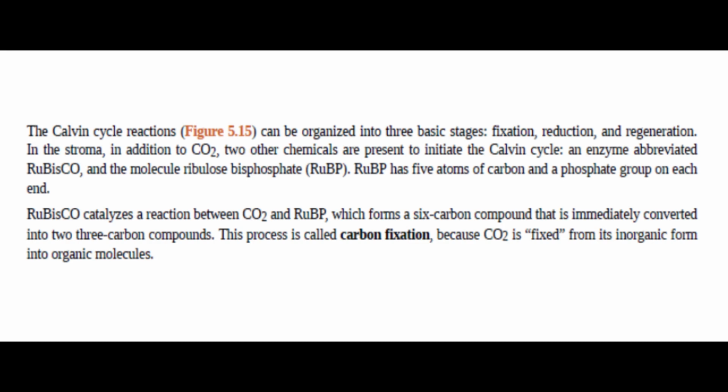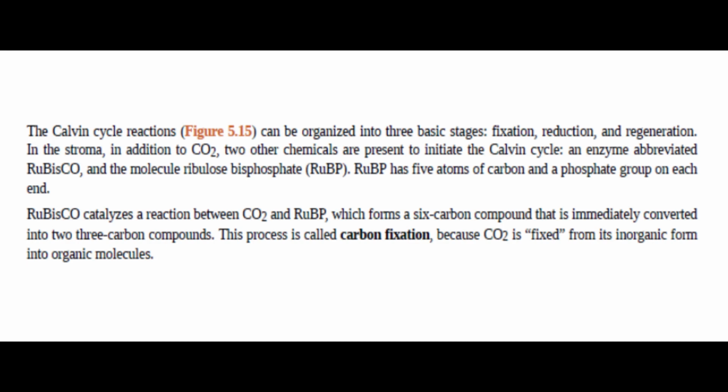In the stroma, in addition to carbon dioxide, two other chemicals are present to initiate the Calvin cycle: an enzyme abbreviated RUBISCO, Rubisco, and the molecule ribulose bisphosphate, or RuBP. Ribulose bisphosphate has 5 atoms of carbon and a phosphate group on each end.